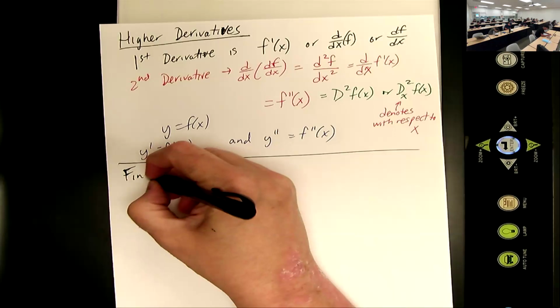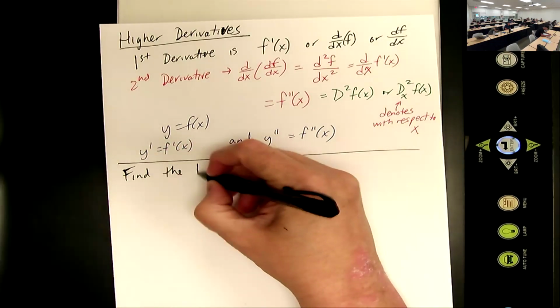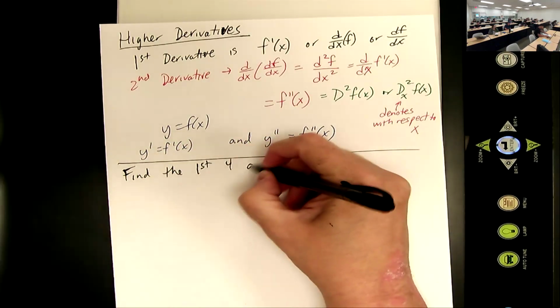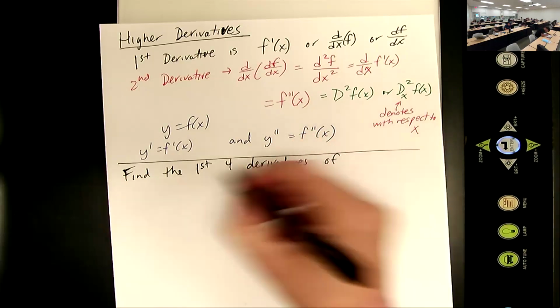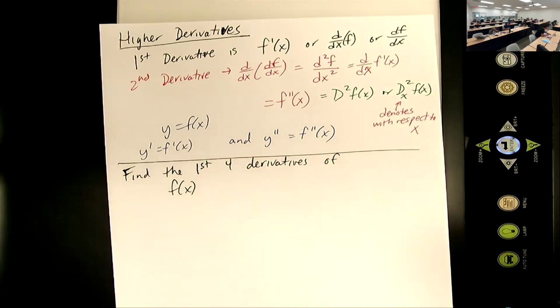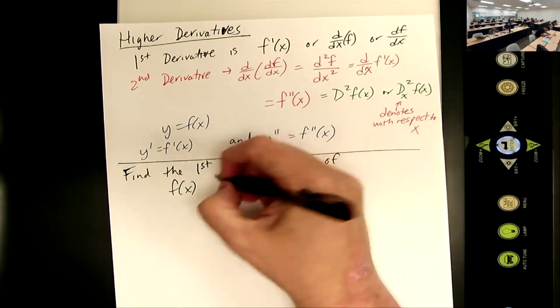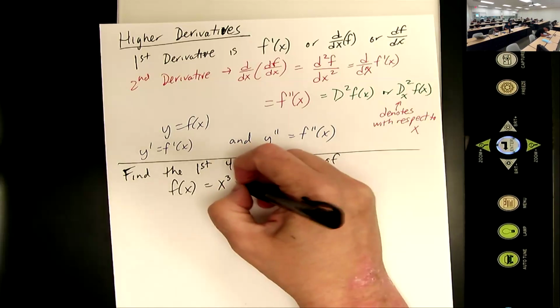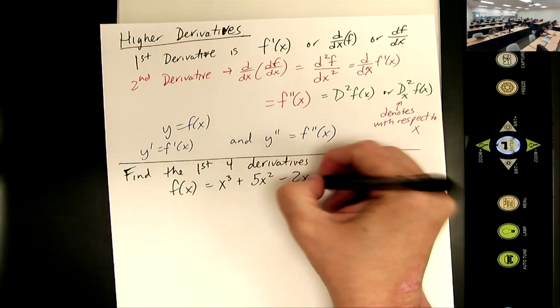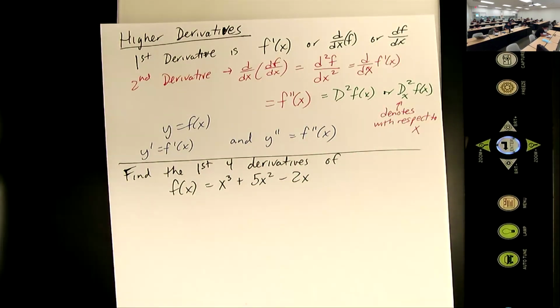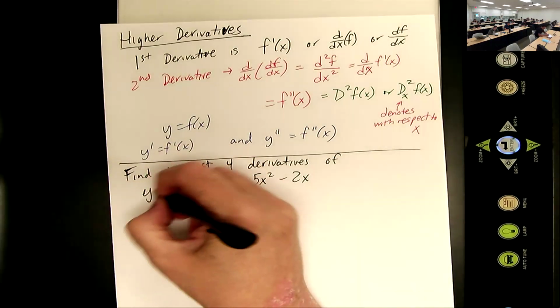So find the first four derivatives of f of x equals x cubed plus 5x squared minus 2x. And remember, this is the same thing as y.